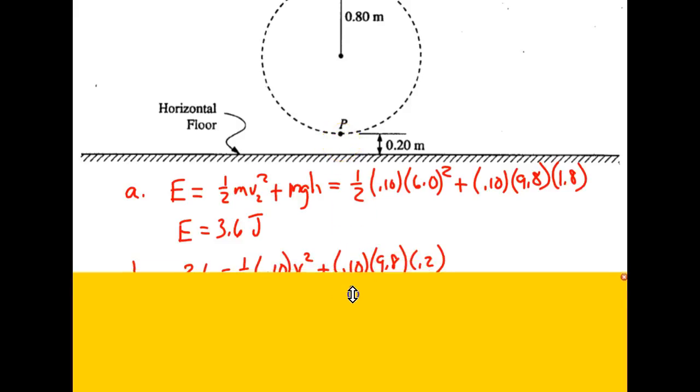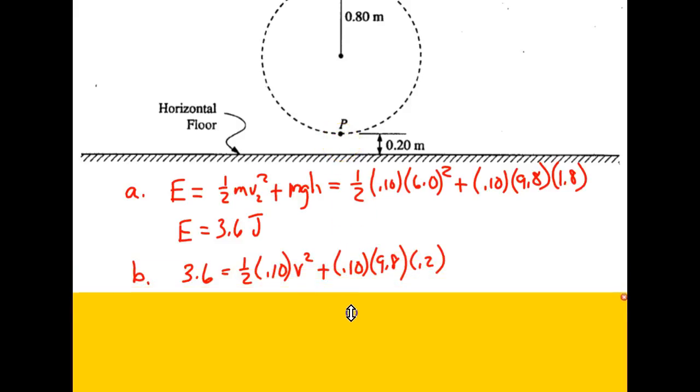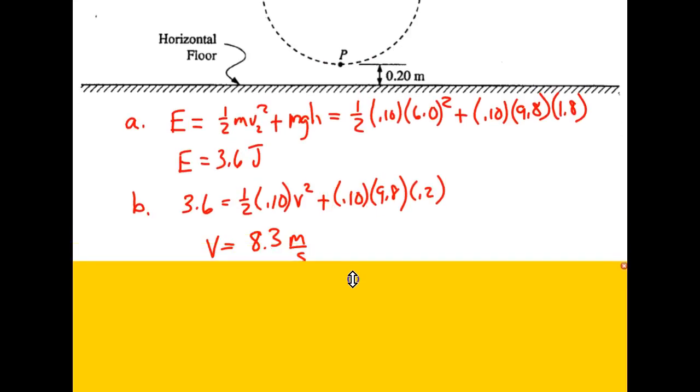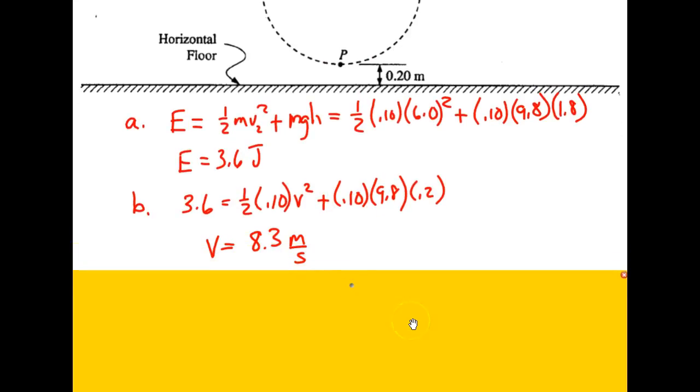We're able to apply conservation of energy again to then determine the speed. So the total energy of 3.6 joules is equal to 1/2 times 0.1 times V squared plus 0.1 times 9.81 times 0.2, the height above the floor. Solving for V, we should get 8.3 meters per second.